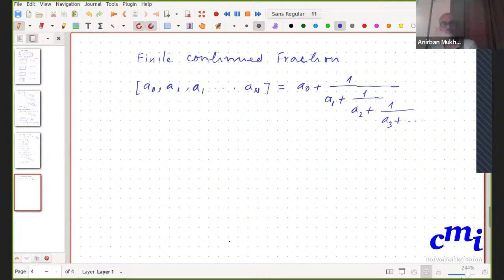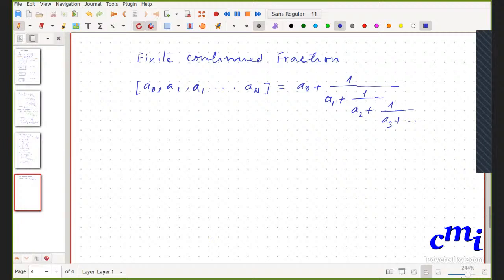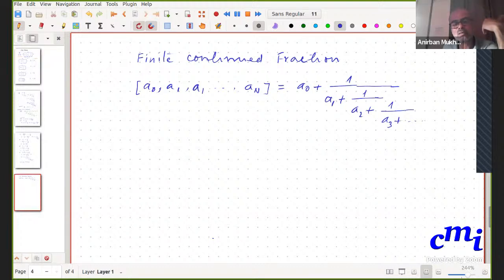All the a's are non-zero. What about a0? To start with, we can simply consider them as algebraic quantities, like algebraic variables. You don't need to assume anything to start with.